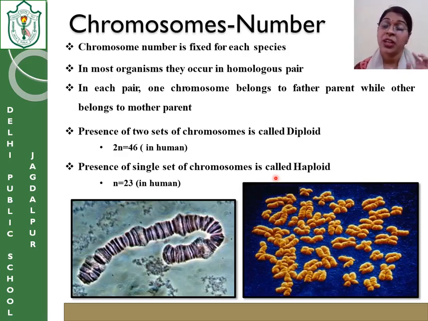Okay, so that half number of chromosomes will carry the genes of the father, and the half number of chromosomes coming from the mother will carry the genes of the mother, and finally the combination of the genes takes place. And the genes are for everything, whatever you think of: eye color, hair color, skin, walking style, all the features.